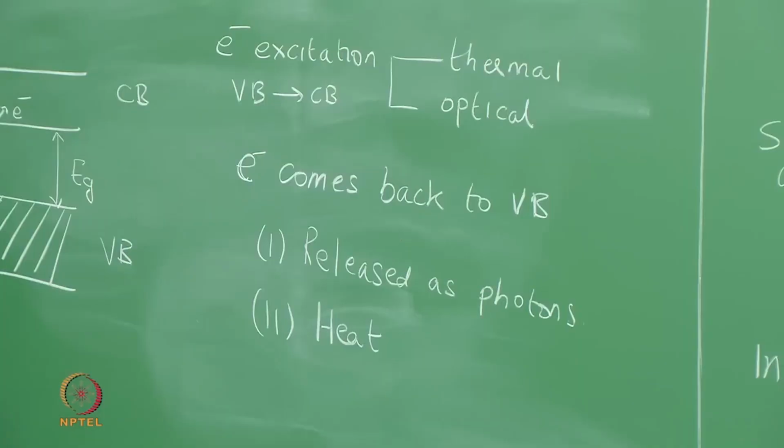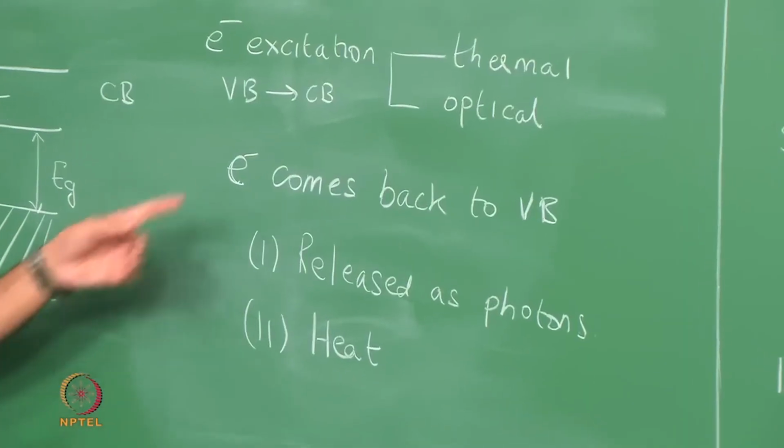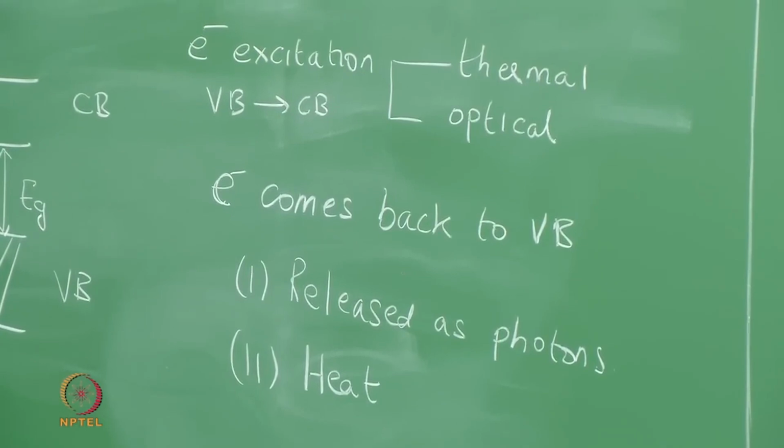In the case of direct band gap semiconductors, this energy release is dominantly in the form of photons.